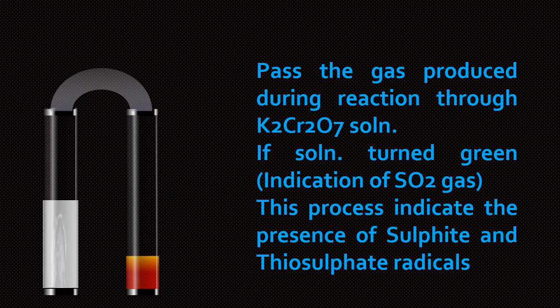When the gas passes through the solution, the color changes and turns green. So here is the green color. This indicates the presence of sulfur dioxide gas. So this also indicates the presence of sulfide and thiosulfate acidic radicals of the dilute acid group. Let's do some further confirmatory tests related to this topic.